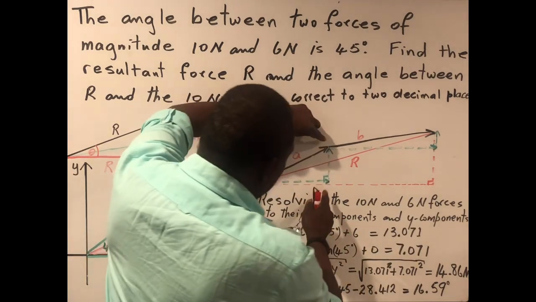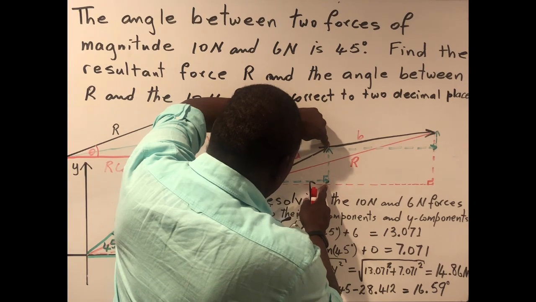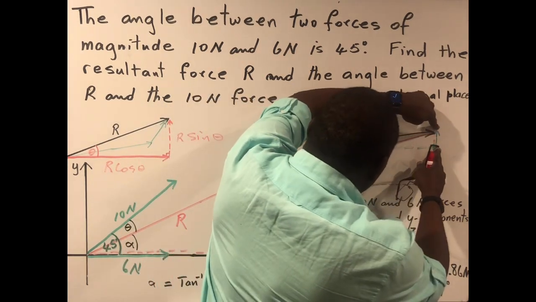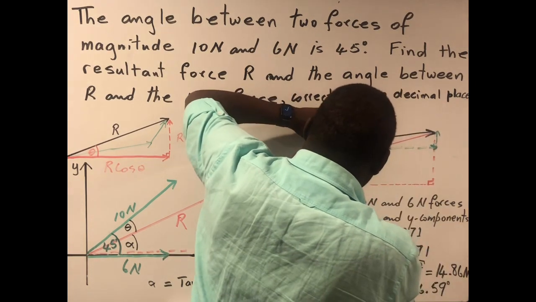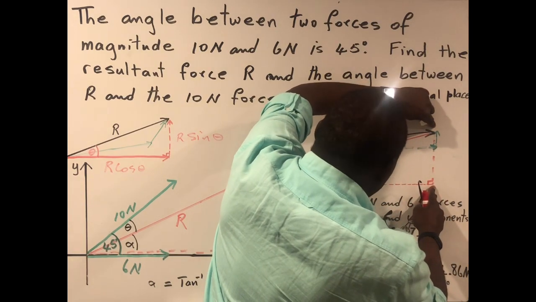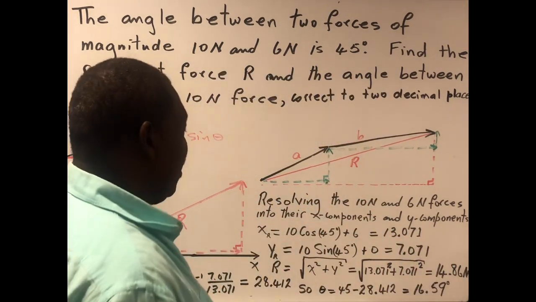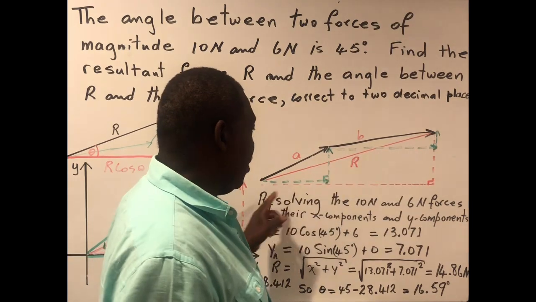Similarly, the y value that we have resolved a into plus the y value that we have resolved b into, the sum total of these two pieces will be equal to the y value of the resultant vector r. And so we can use those two components to determine the value of r.